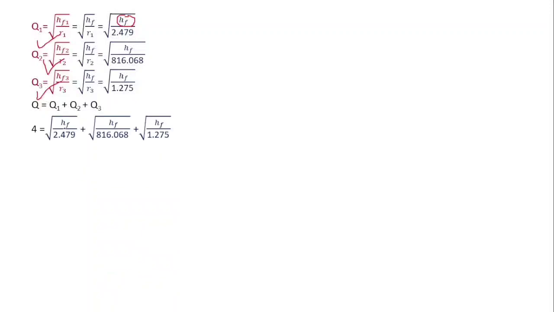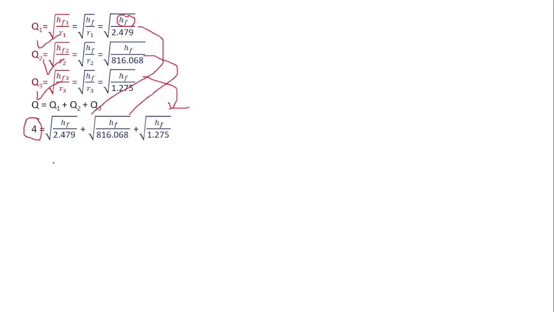From this formula we calculate Q1, Q2 and Q3. Since HF is unknown, so we have left it. So to calculate HF we need another equation, which is Q is equal to Q1 plus Q2 plus Q3. So Q is 4 in the question, so Q1 is from here, Q2 is taken from here, Q3 is taken from here.